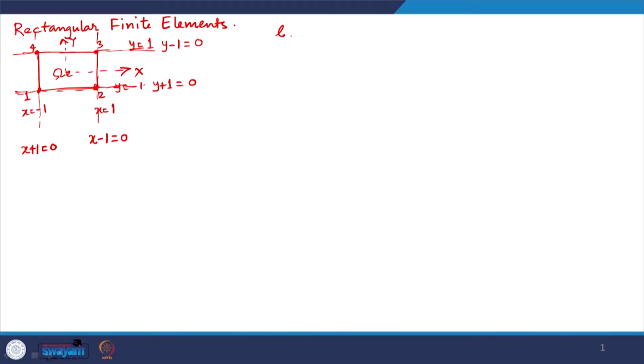So, essentially Lagrange's interpolation for node I is given by product of j is equal to 1 and I is not equal to j, x minus x j divided by x I minus x j.